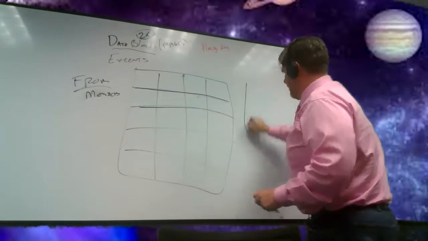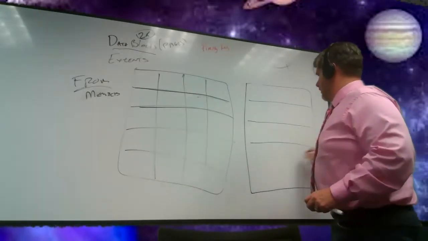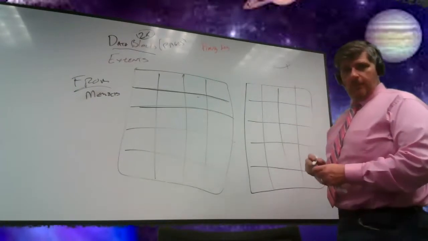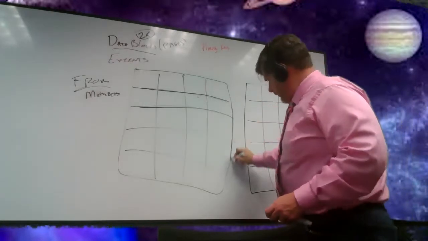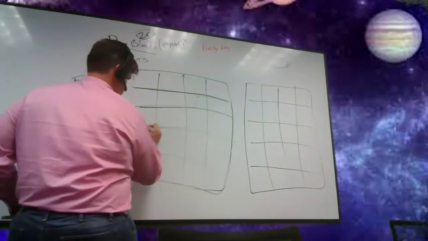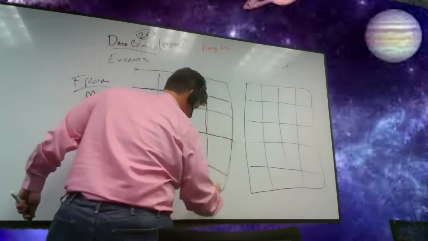Let's just keep the one table here. There are data blocks in our extents. Let's darken these lines up a little bit so you can see better.